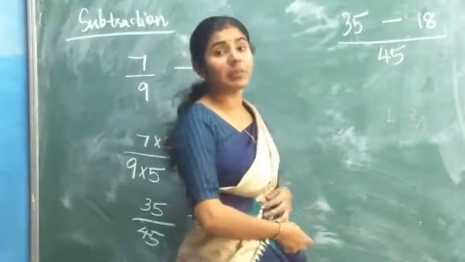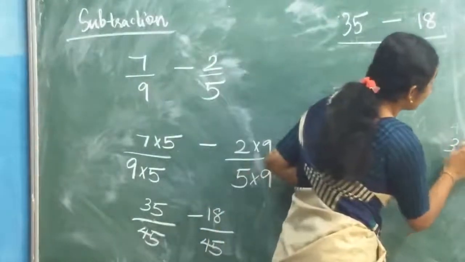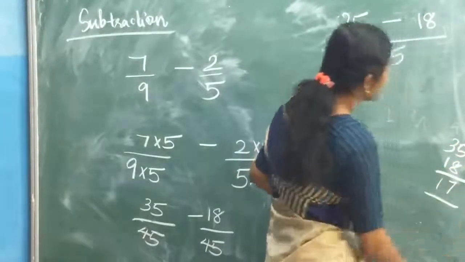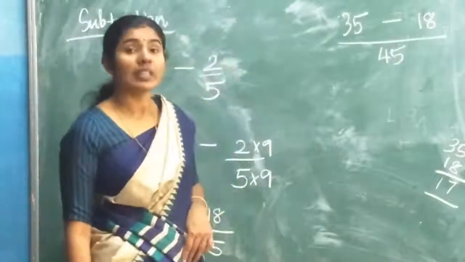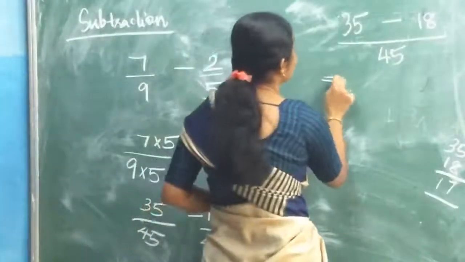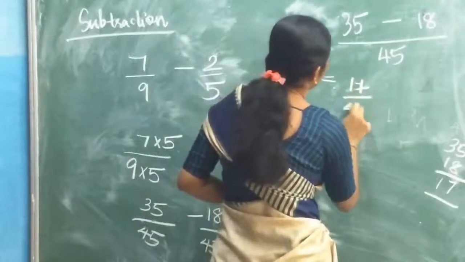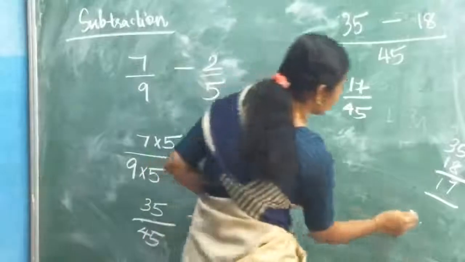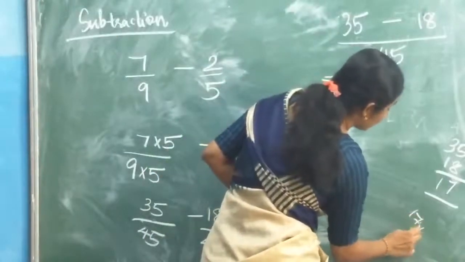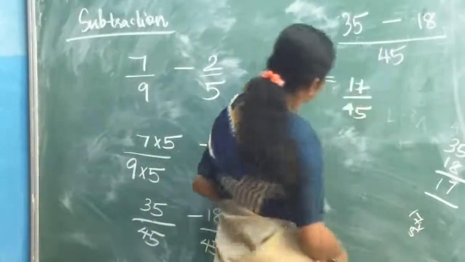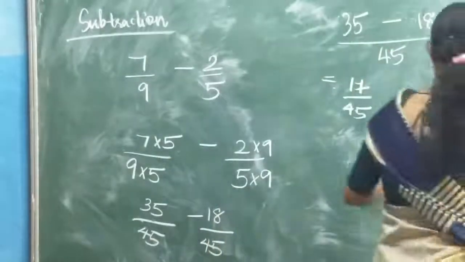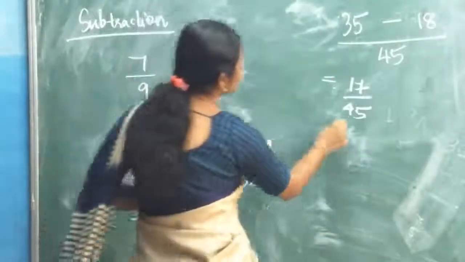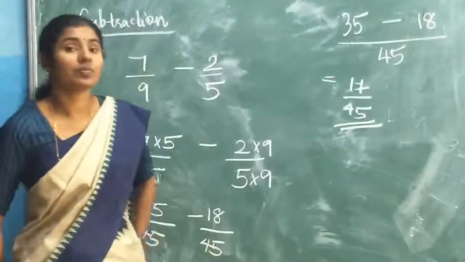Now what is 35 minus 18? You will get 17. Isn't it? So write the answer there: 17 divided by 45. Now you can do the cancellation. So the final answer is 17 divided by 45.